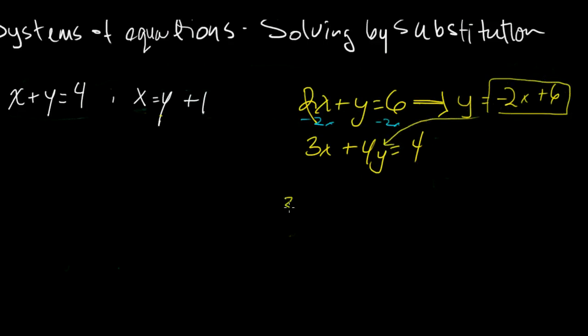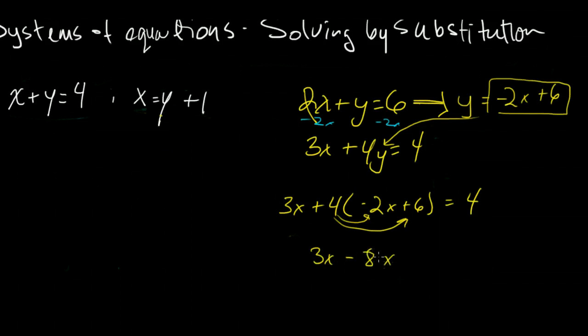So it would look like 3x plus 4 times the quantity negative 2x plus 6 is equal to 4. And then we go about our business doing what we know how to do. Minus 8x, since a positive times a negative is a negative, plus 24, and that's equal to 4.